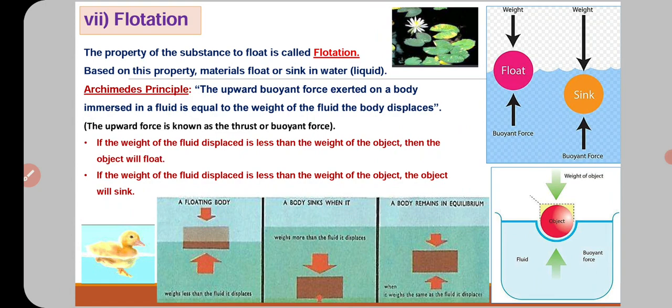Certain materials float on water, whereas others sink. This property of materials to float on water is called flotation. Materials such as wood, leaf, and cork, the cork that we use for playing badminton, and feather float on water, whereas rock and metal sink.